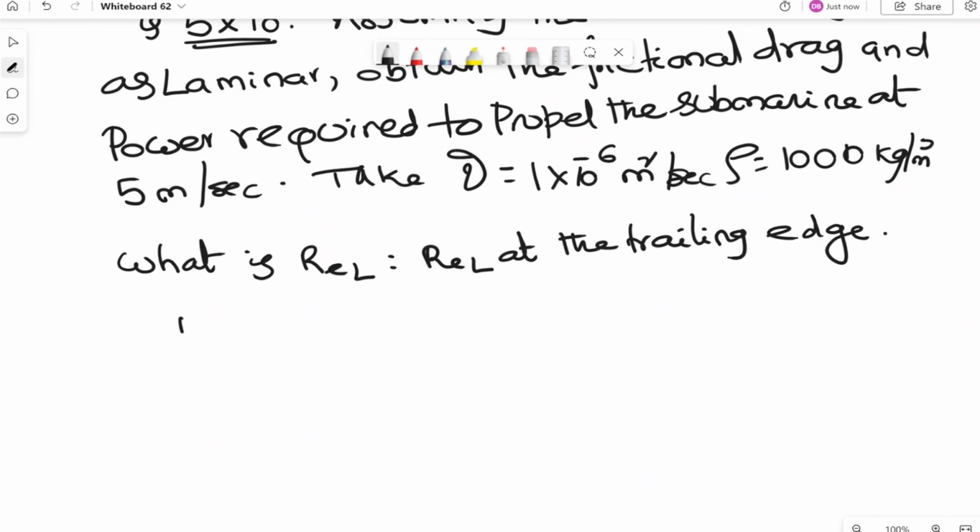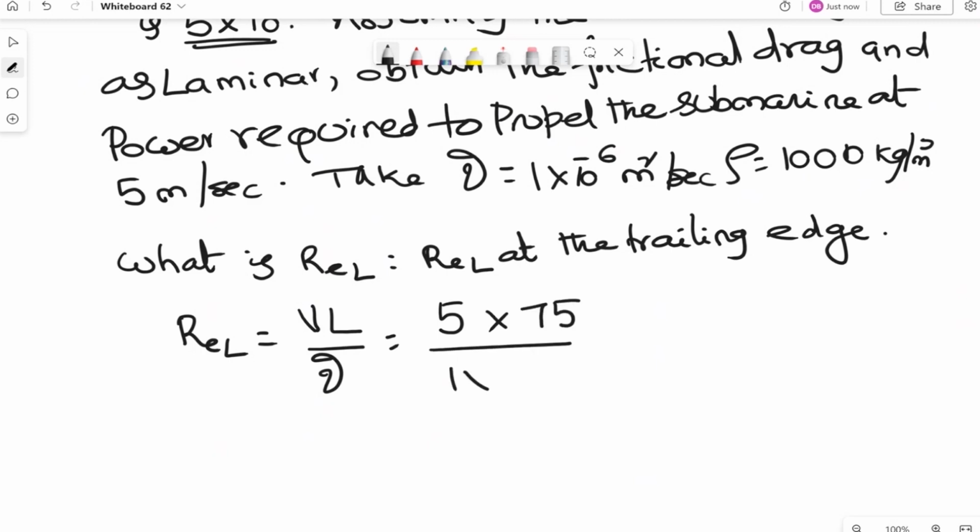So Re_L is equal to VL by nu. V is 5 meters per second, length is 75 meters, and nu is 1 into 10 to the power of minus 6. So 3.75 into 10 to the power of 8.